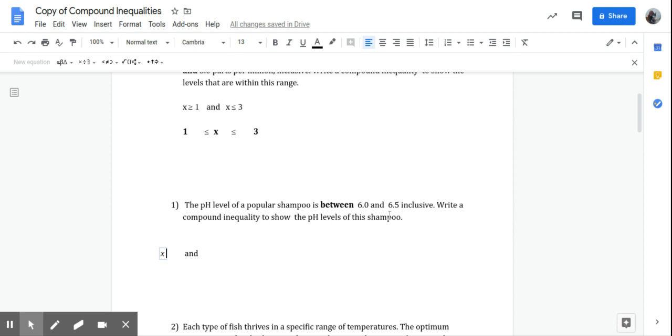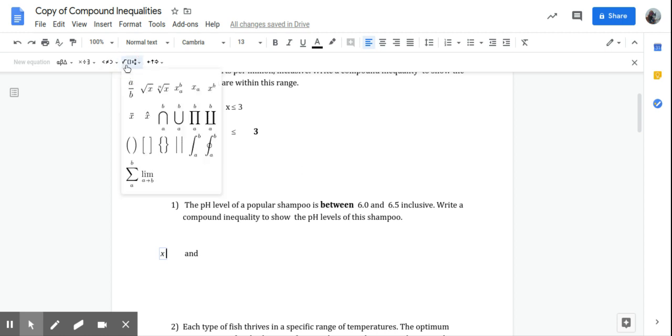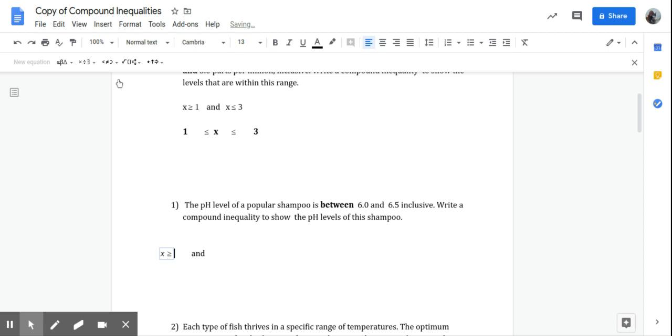And it's between, inclusive. So that means 6, 6.1, 6.2, 6.3. So we know it's going to be greater than or equal to 6. And we have x is less than or equal to 6.5, or equal to, because it can't go bigger.